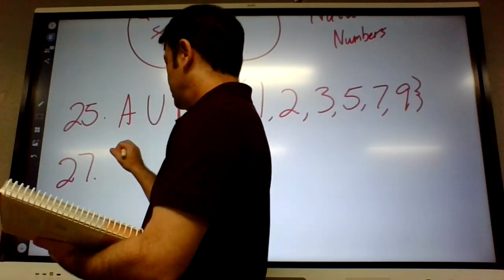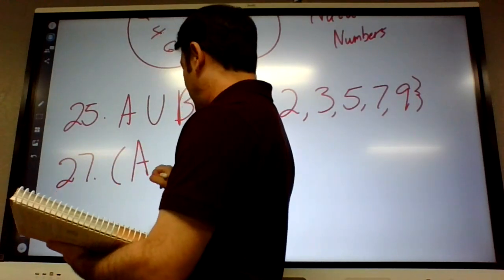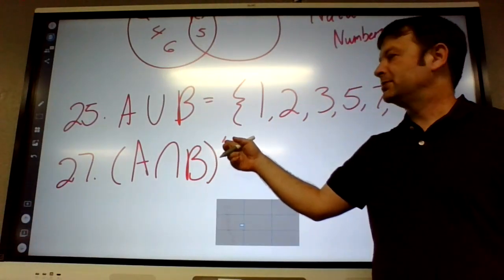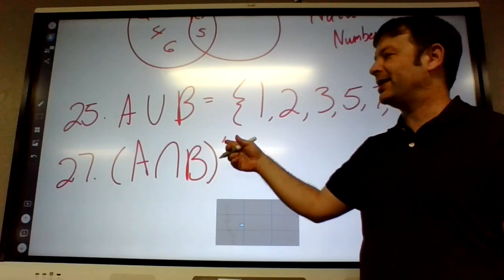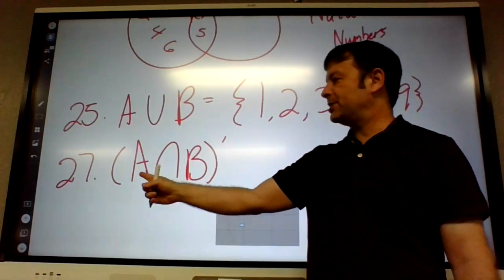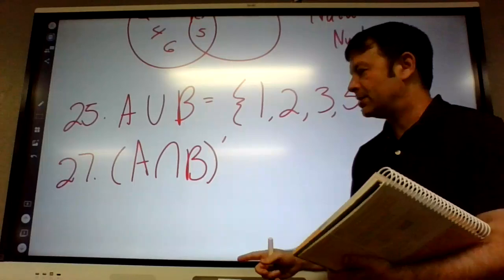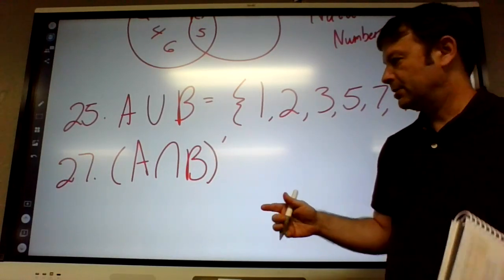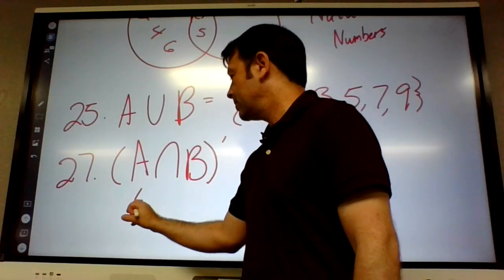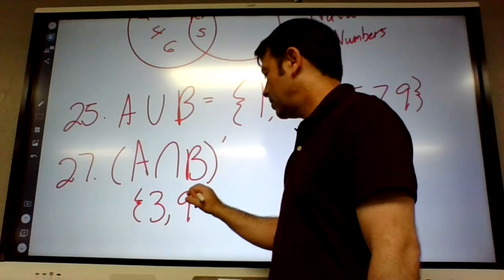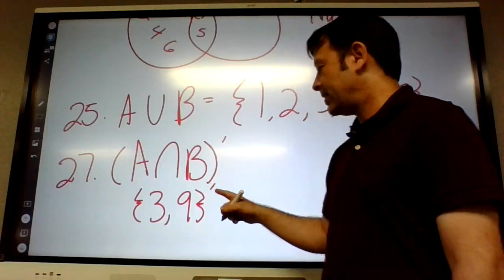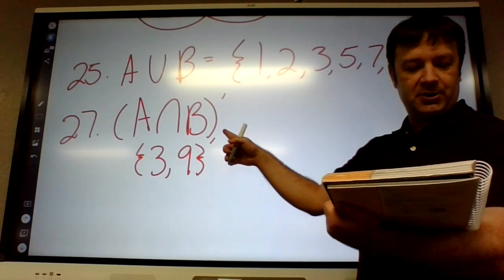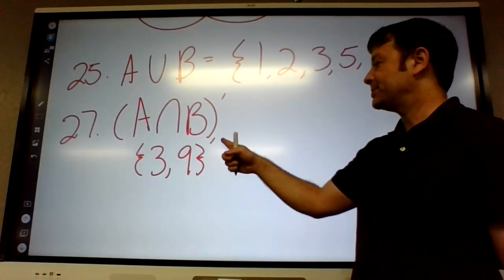27. Okay, so in parentheses it has A intersection B, but then it has a little asterisk looking dealy up here, which means not that. So let's start with what's in parentheses. What's the intersection of A and B? What do A and B have in common? 3 and something else. 9. Okay, but that's not the answer. This little symbol, I think it's more like an accent symbol than like apostrophe, but anyways, doesn't matter.